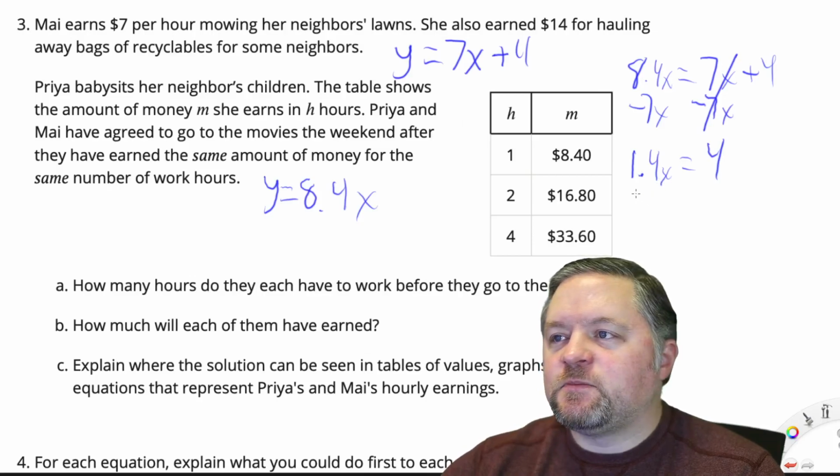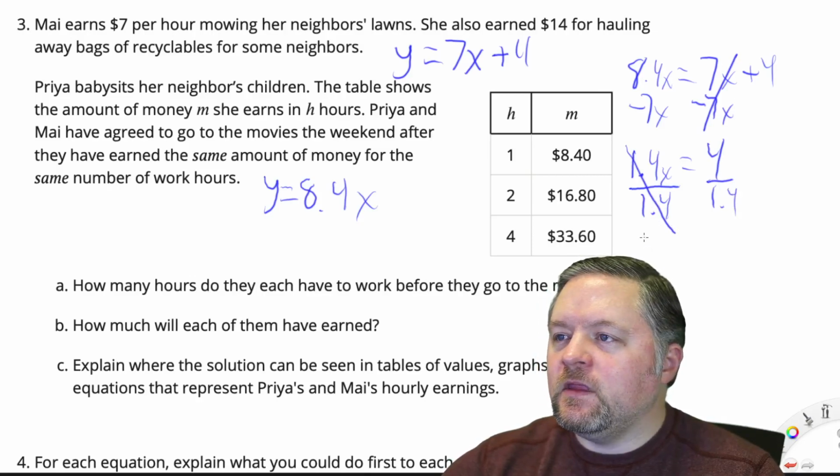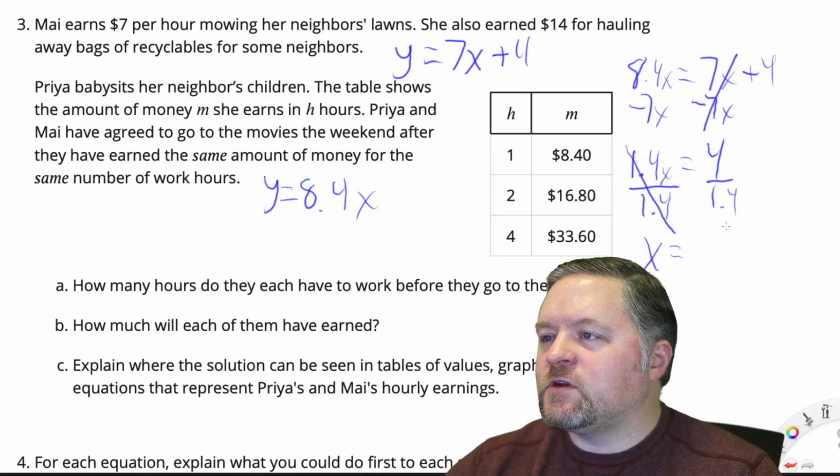Now, to get the x by itself, we have to divide each side by 1.4. Do it to one side, do it to the other. Those cancel. X equals, what is 4 divided by 1.4?